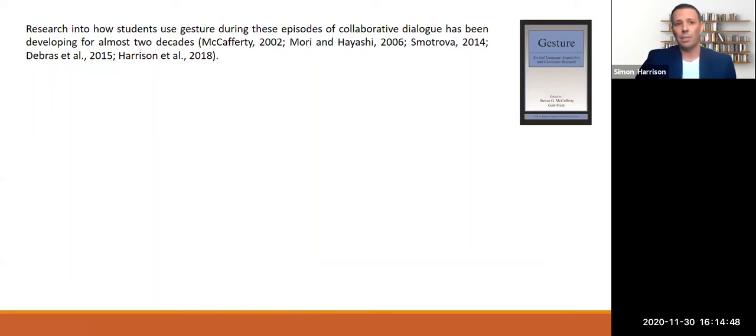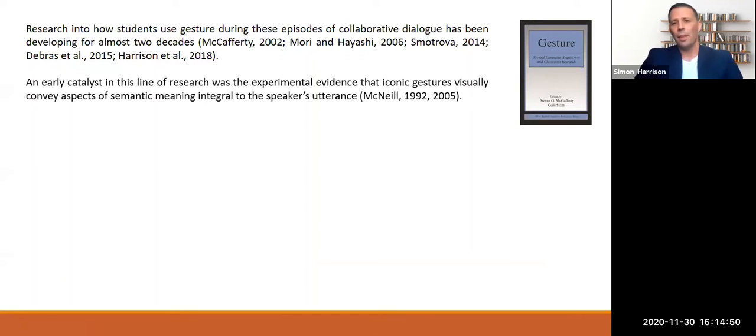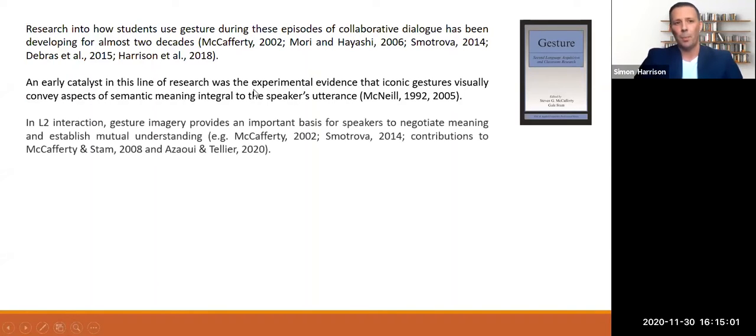episodes of collaborative dialogue. And I think one of the early catalysts to this line of research was McNeill's experimental evidence that iconic gestures visually convey aspects of the semantic meaning integral to the speaker's utterance. Because in L2 interaction, you can see how the gesture imagery provides an important basis for the speakers to negotiate meaning and establish mutual understanding.